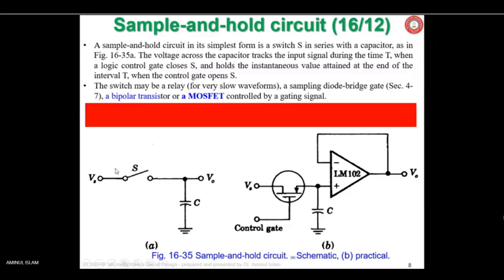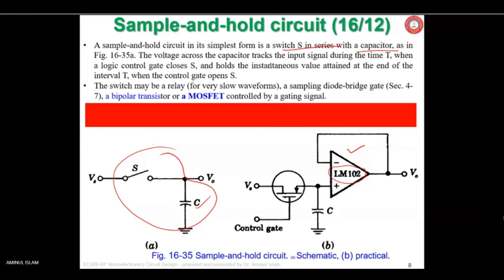This diagram is given in your book with the example of op-amp LM102. The basic circuit is the sampler hold circuit only. In addition to that, if you use one or two op-amps, then it will be better. A sample and hold circuit in its simple form is a switch S with capacitor C or C hold.